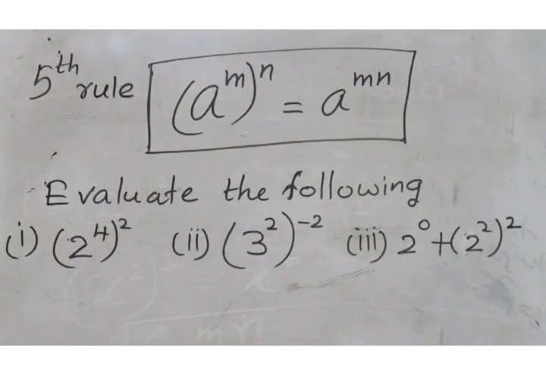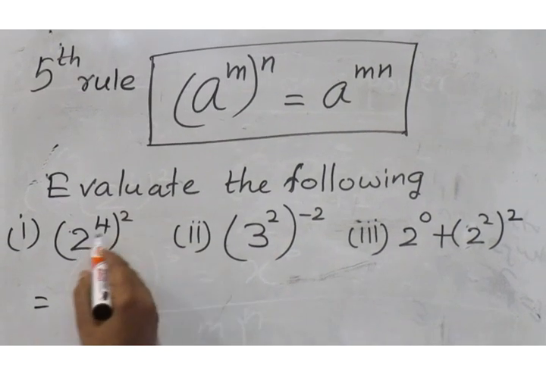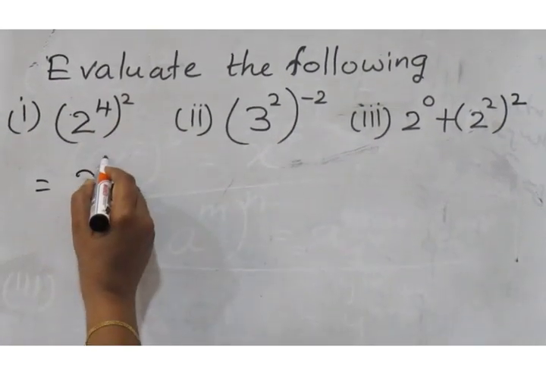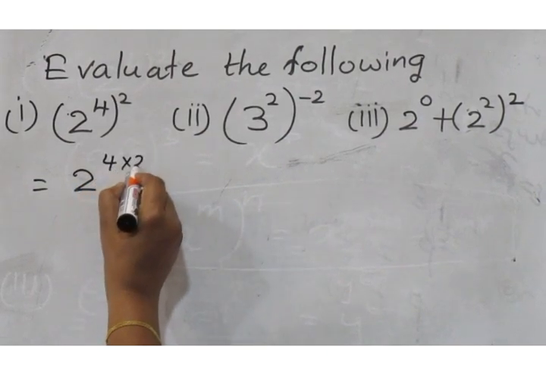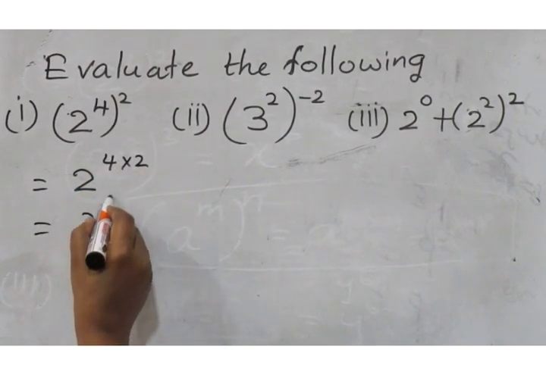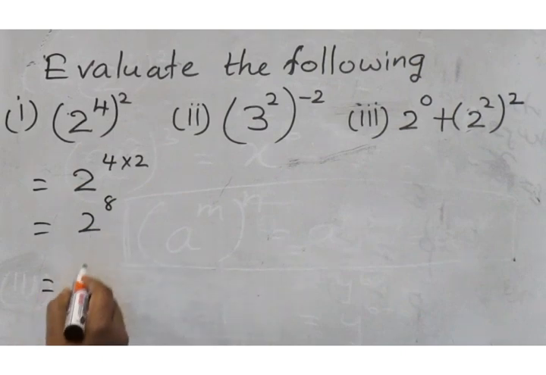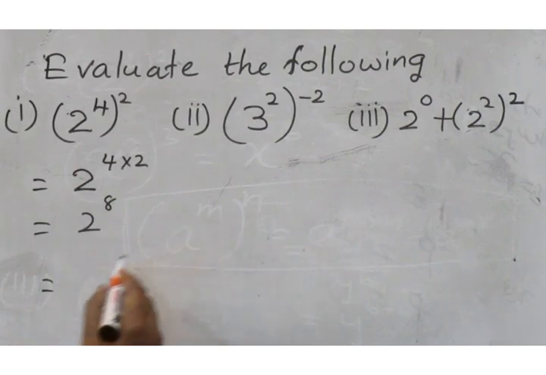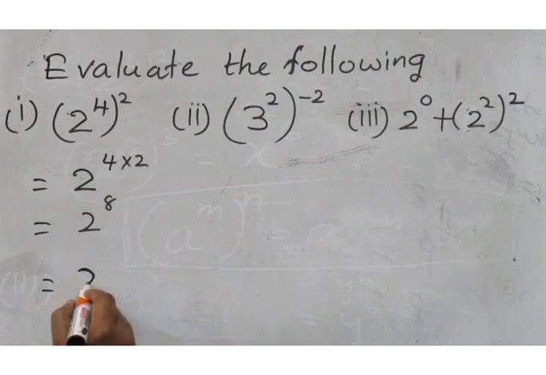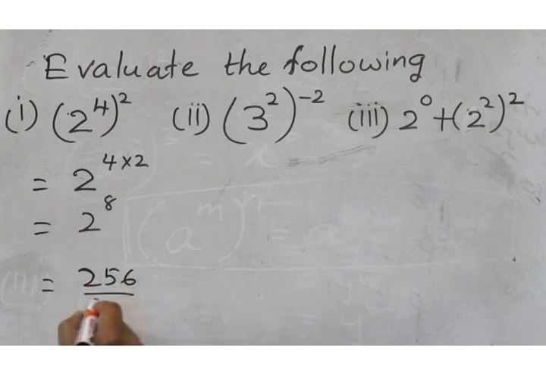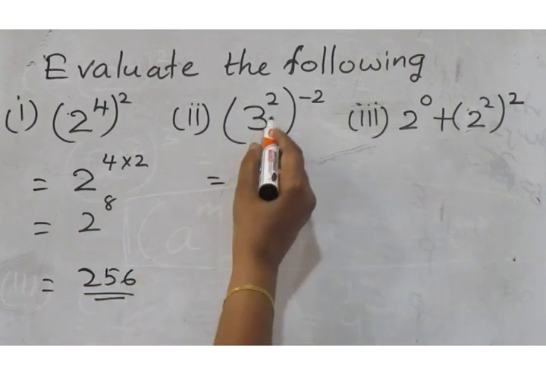Find the values of these questions. Now the first one, 2 power over power, then 2 to the power 4 into 2, then 2 to the power 8. Now 2 to the power 8, you can get the answer by writing the expansion form as 256. Now see the second example.